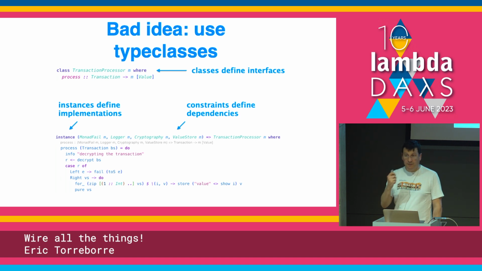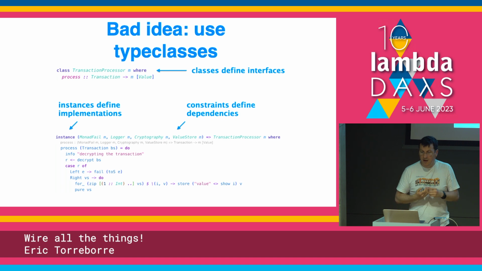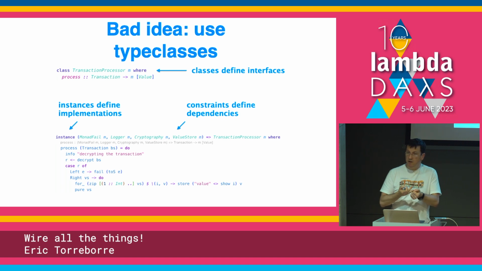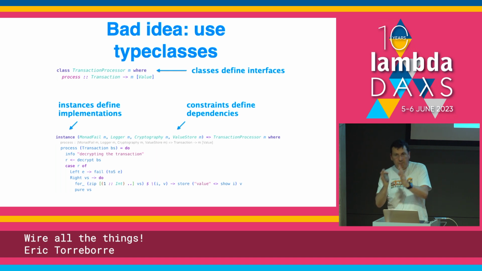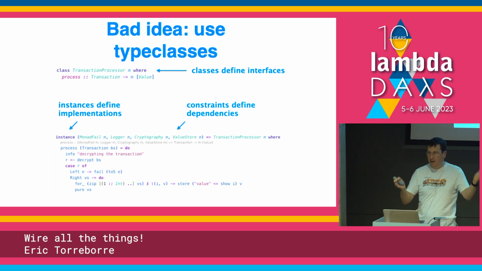But let's see why. Because at first, type classes look like a great idea, right? A type class describes an interface with all the operations that something should do. And then you have an instance describing the implementation. And then it's kind of the holy grail of modularity, right? And building systems. You have a clean separation between an interface and implementation, and then you can vary the implementation without impacting the clients of the interface.